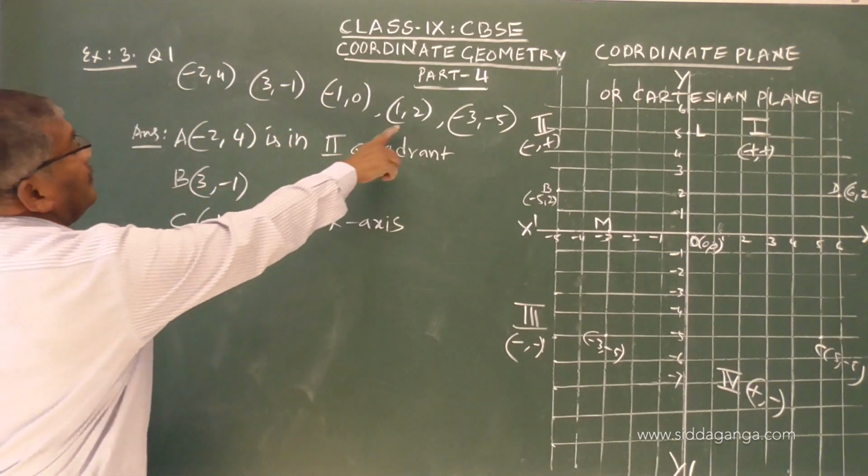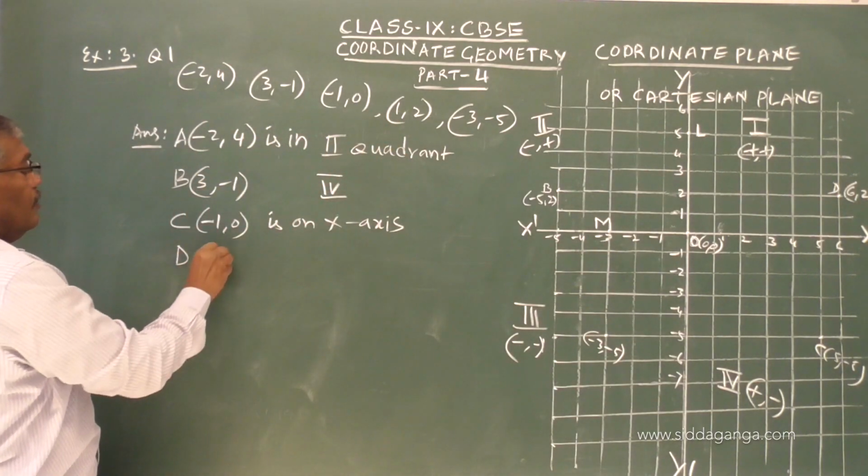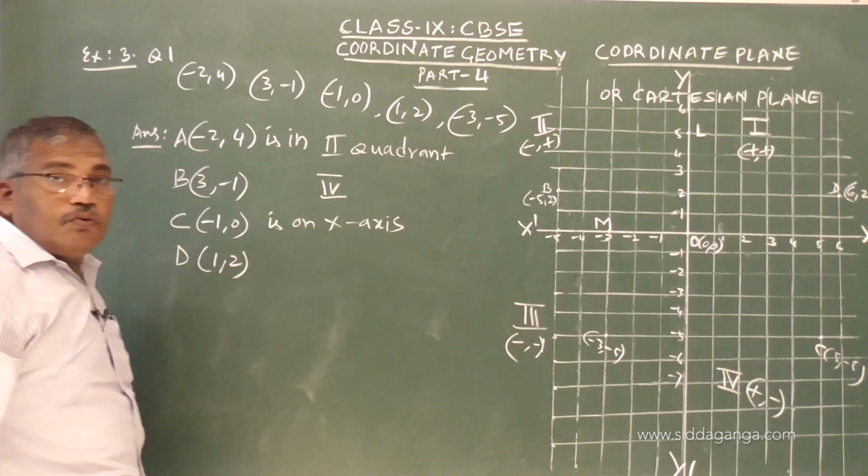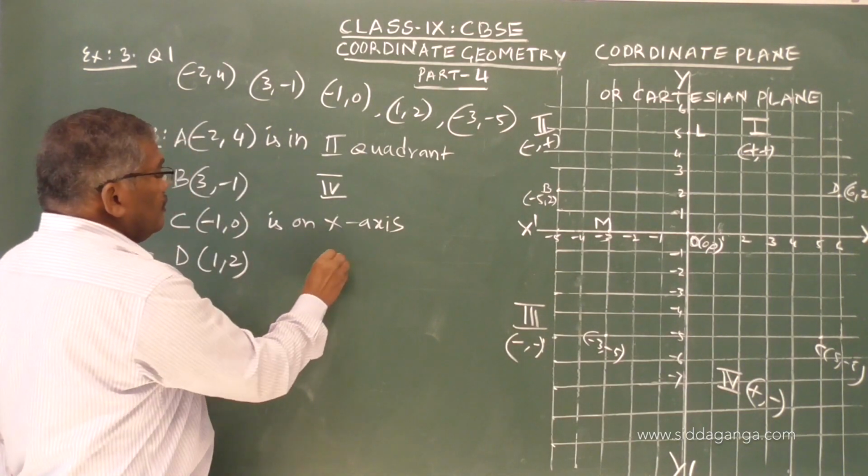And the fourth one, (1, 2), D, both are positive. Therefore it is in the first quadrant.